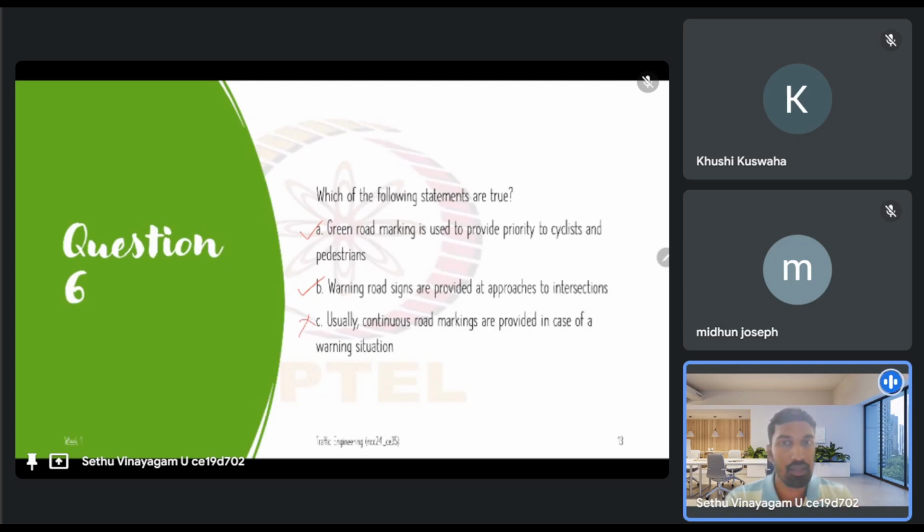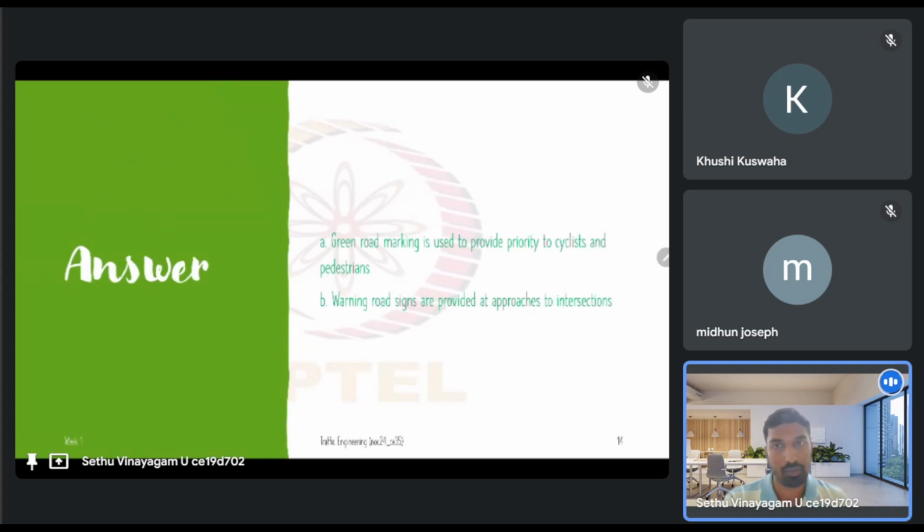If it is a continuous line, the vehicles cannot cross it. So this is not a warning situation, this is a regulatory situation, which means it's a rule that a vehicle should follow, right? It's not warning but regulatory. Therefore, C is incorrect. Out of the three, only options A and B are the right options. Okay.